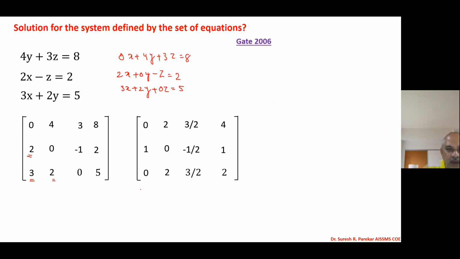We make this 0, so we take R3 equal to R3 minus 3R2, after making R2 equal to R2 by 2. Therefore this is 2 by 2, which is 1, then 0, minus 1 by 2, and this will be 1. Now with R3 minus 3R2, minus 3 into 1 becomes 0.